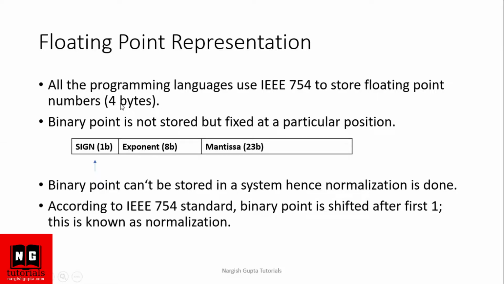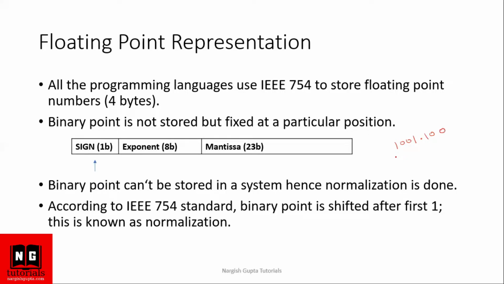Here the first point is that all the programming languages use IEEE 754 to store floating point numbers, and they are in 4 bytes, that is 32 bits. The binary point is not stored, and that is why we call this a floating point representation, because the binary point floats to the right of the most significant one. Let's suppose the number is 1001.100.